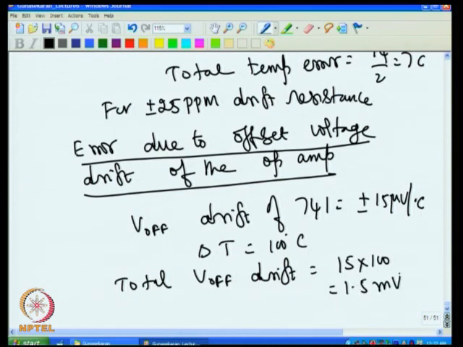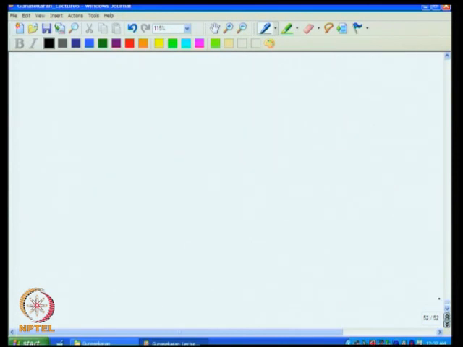So the offset voltage will drift by 1.5 millivolt if I use 741.